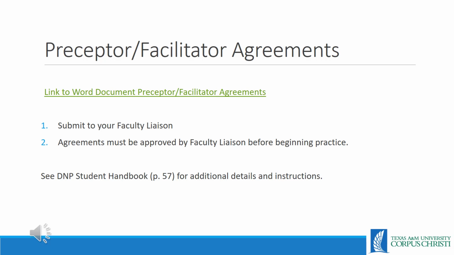Preceptors are experienced professionals who guide students in their work within the experience and provide feedback regarding performance. NP students are usually very familiar with this model from their MSN education, and it can be a little different in the DNP education.